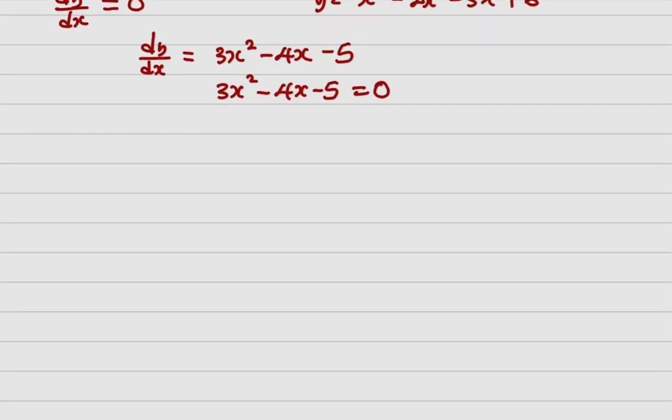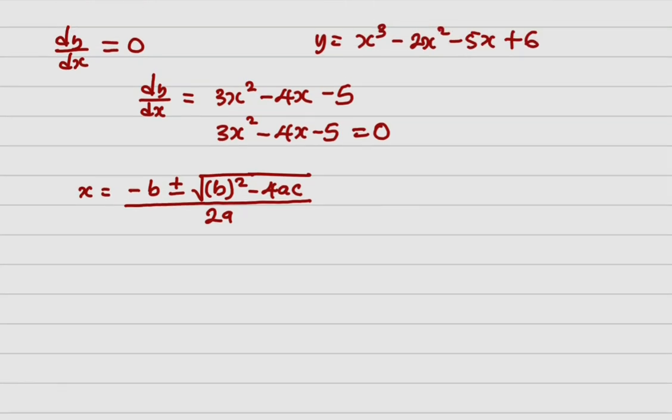Solving it using the quadratic formula, recall x is equal to minus b plus or minus the root of b squared minus 4ac, not minus b, sorry, this is b, all over 2a.